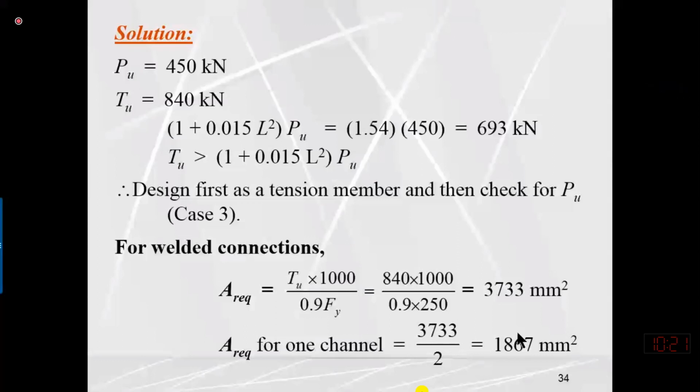Yes, page number 69. We will move from page number 69 backward. Try to filter out all sections whose area is just equal to or a little bit more than 1867.